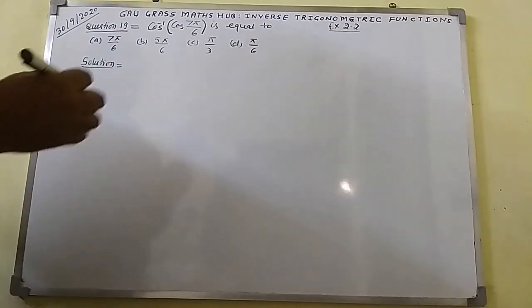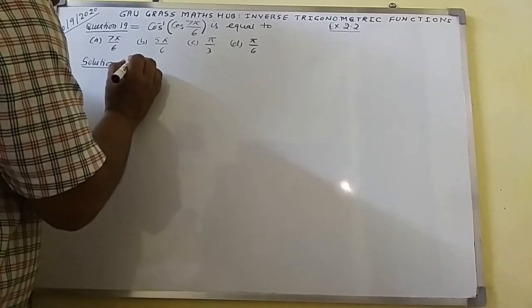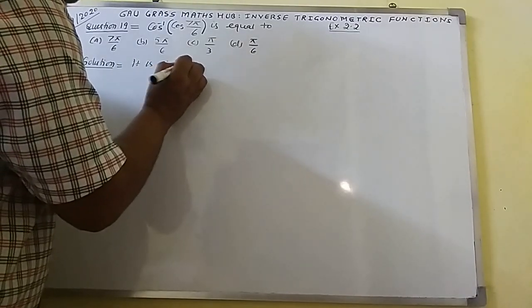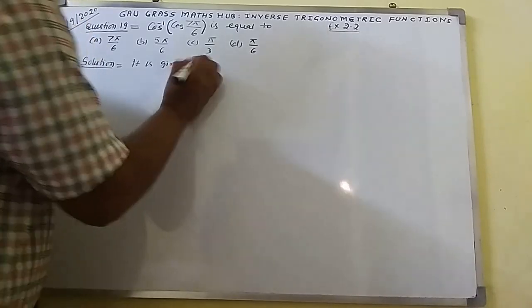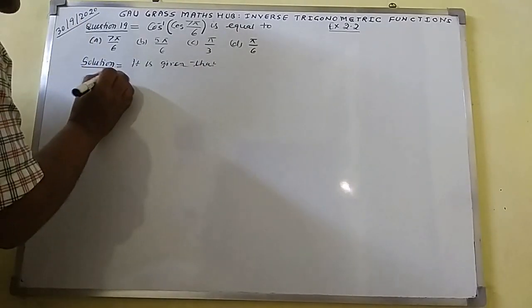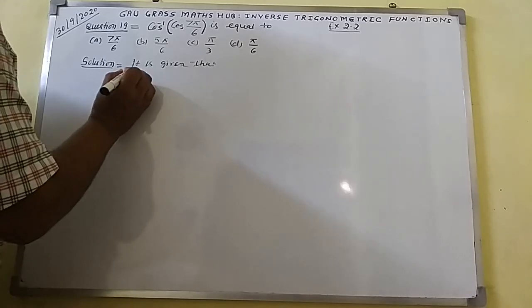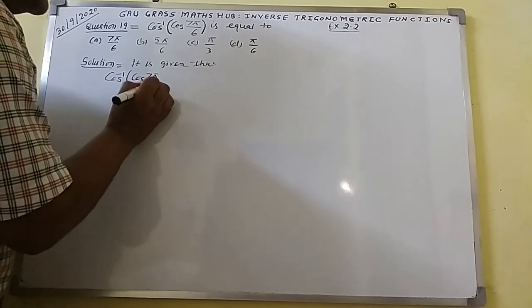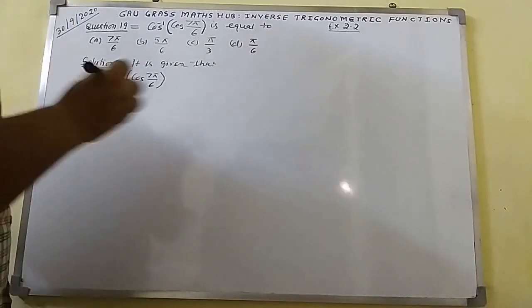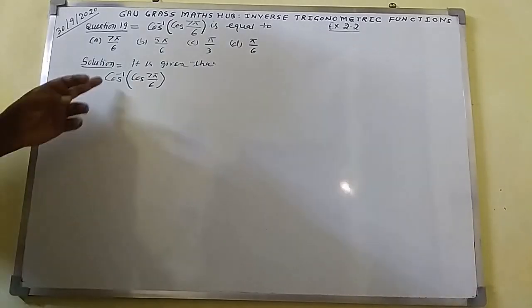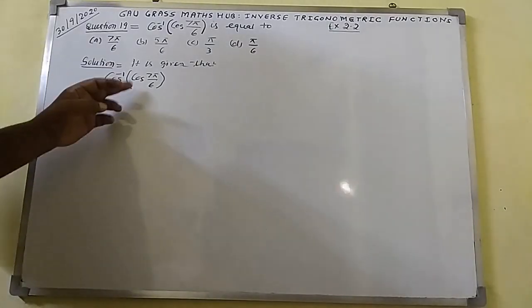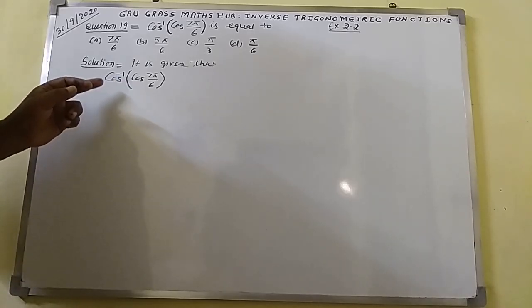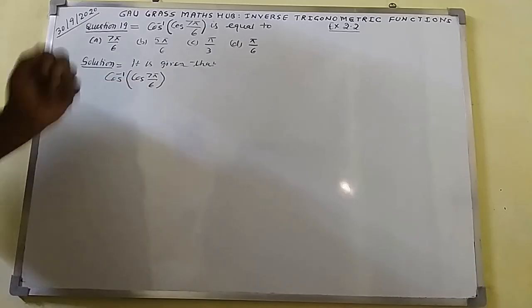Solution: here you can see it is given cos inverse in bracket cos 7 pi over 6. Here cos inverse is there and cos is there.